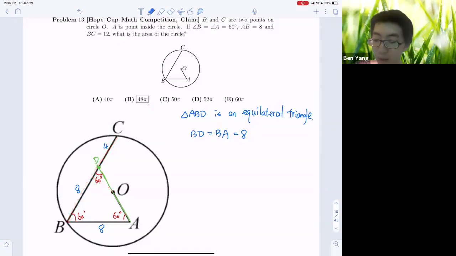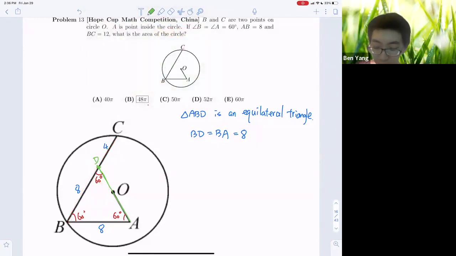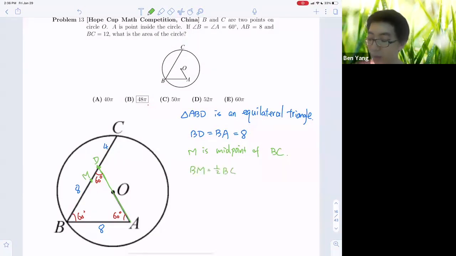So now let's find the midpoint of BC. Let's say it's M. So M is the midpoint of BC. Since it's a midpoint, we know BM is equal to 1/2 times BC. So that's 6.